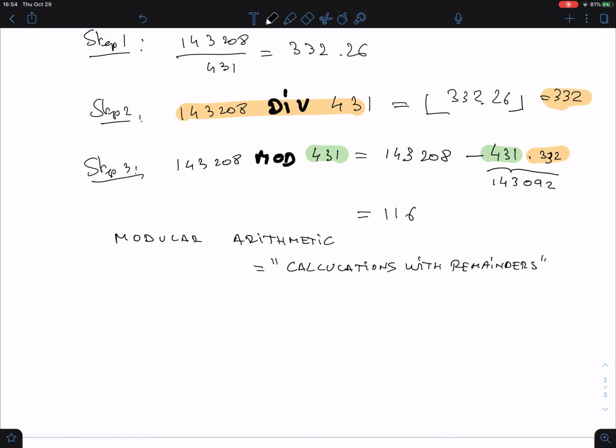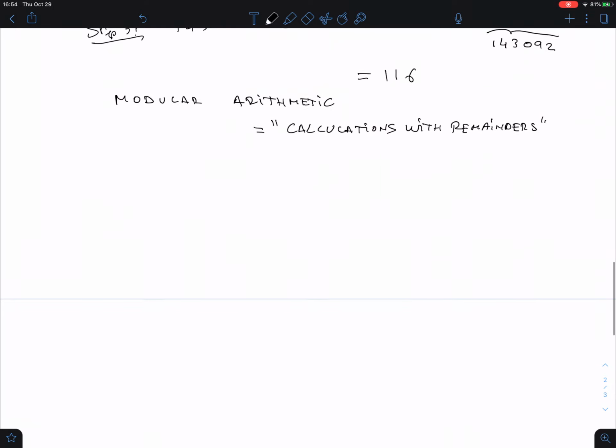So calculations with remainders. Okay, and first of all, this is not new for us. We should not be too surprised about that. So let me give you some examples where we are doing this in daily life. We normally don't do this, I agree. Mostly we just do the regular addition, but it's not completely unknown to you.